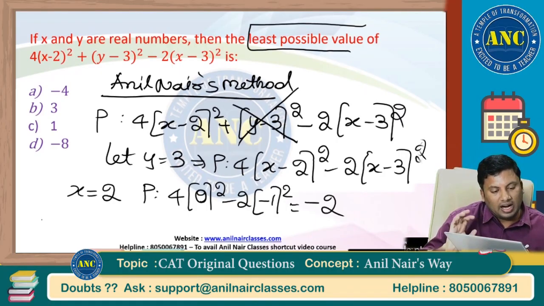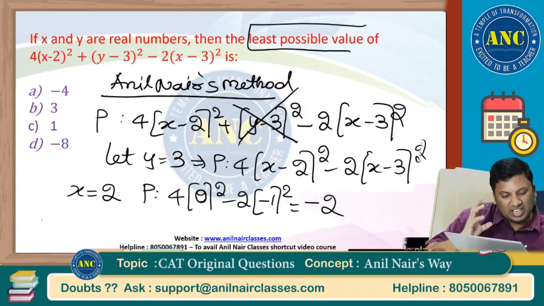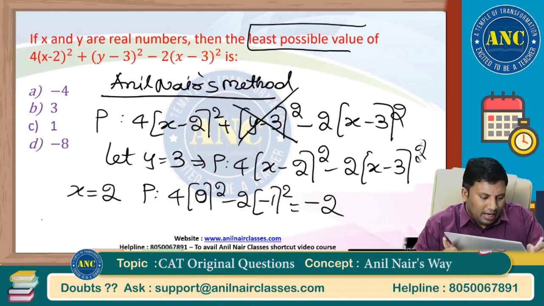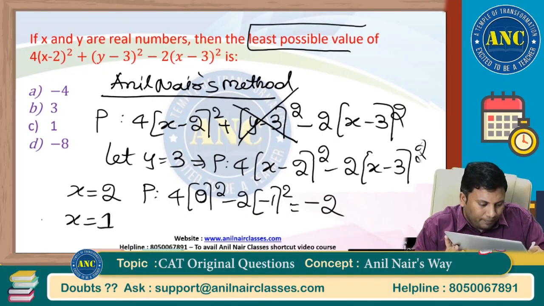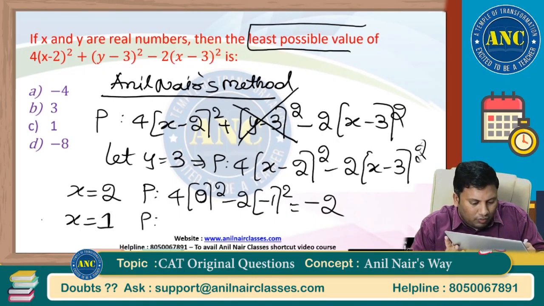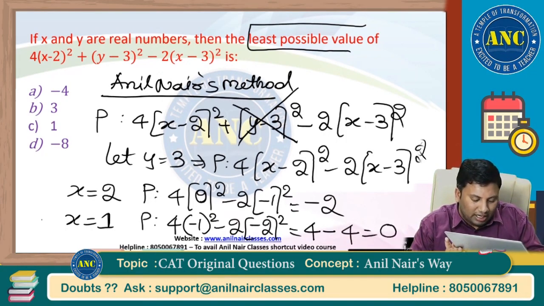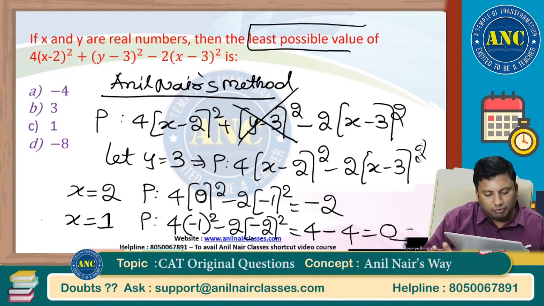There are some values greater than minus 2, like 3 and 1. There are some values less than that, like minus 4, minus 5. I am not able to conclude. Let me take x equal to 1. If I take x equal to 1, 4 into (1 minus 2), minus 1 square, minus 2 into (1 minus 3), minus 2 square: 4 minus 2 into 4, which is 4 minus 8. Am I right?